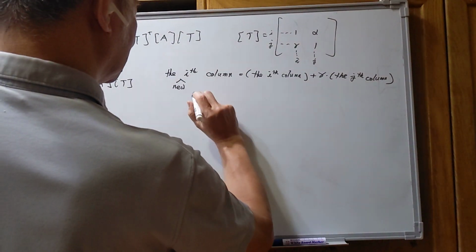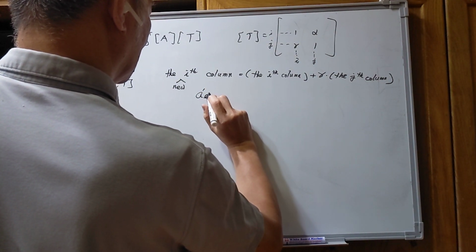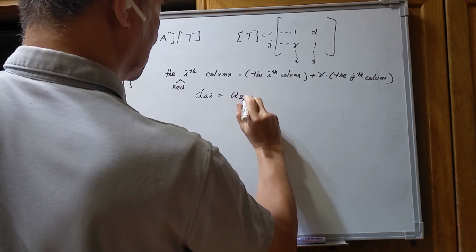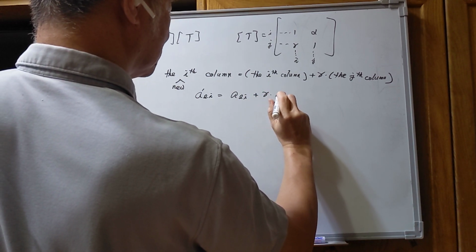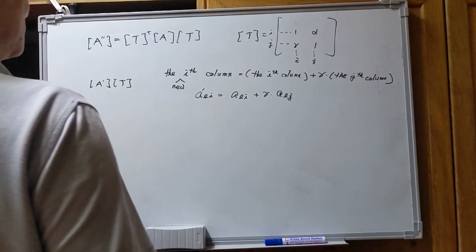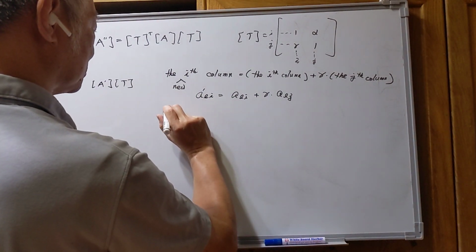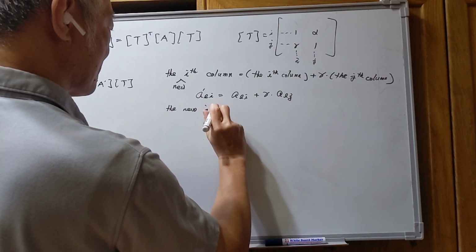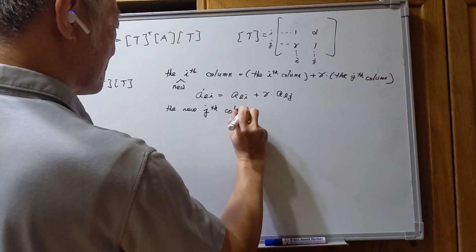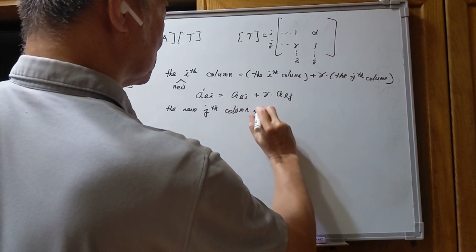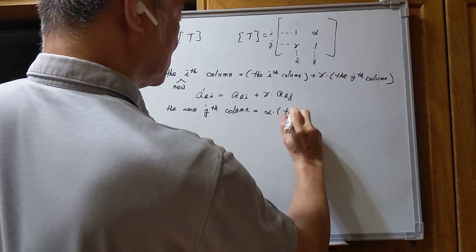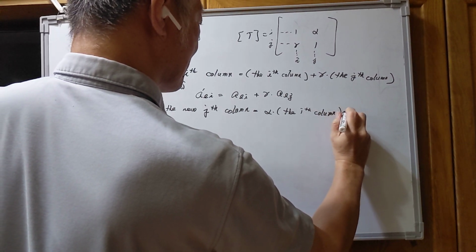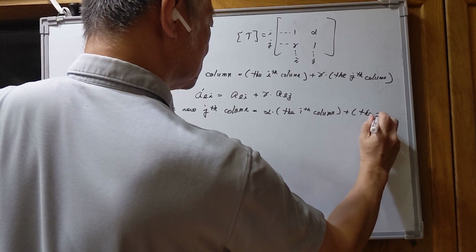So you can say A prime Li is equal to ALi plus gamma times ALj. And the new jth column is equal to alpha times the ith column plus the jth column.